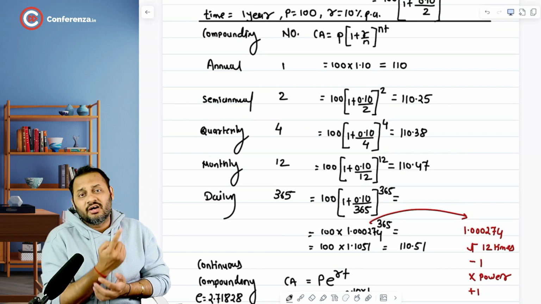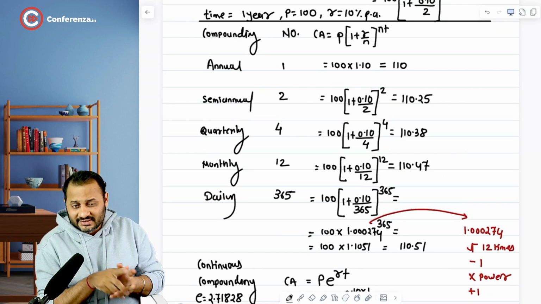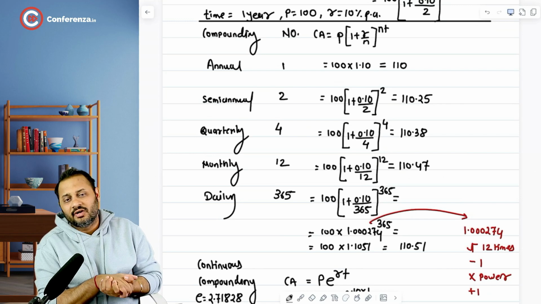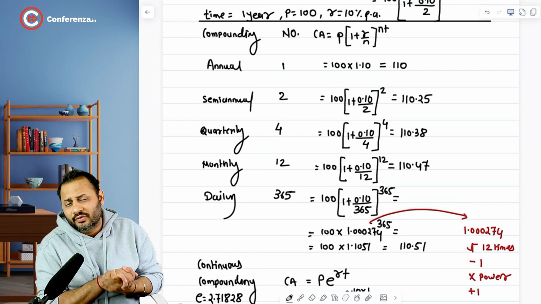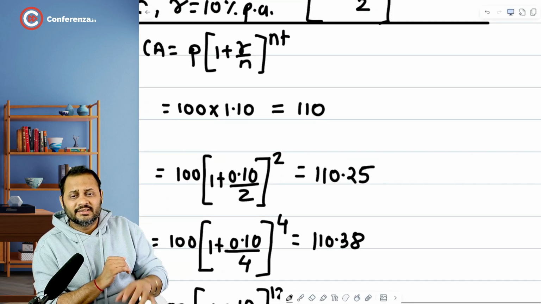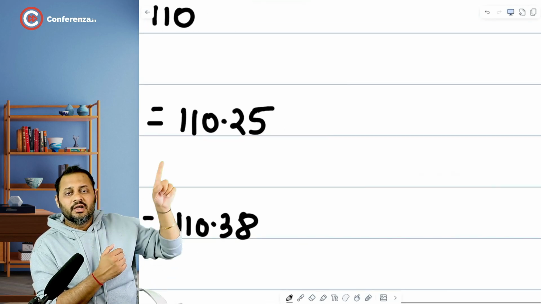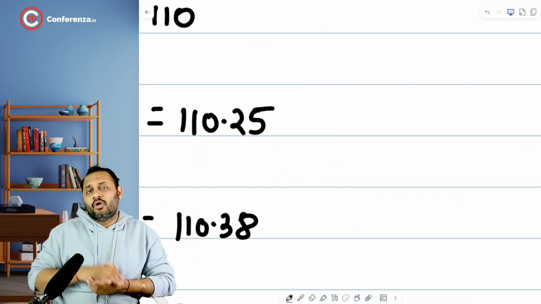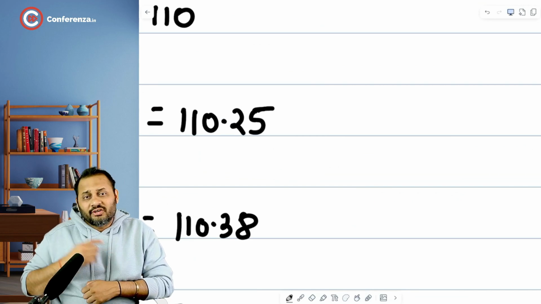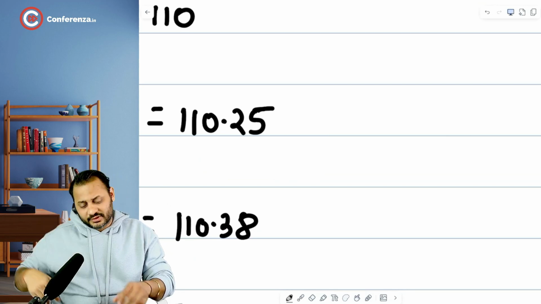That extra earning is called the effective rate of interest. How are you going to calculate it? It's very simple, sir. When the compounding was semi-annual, you actually earned 10.25% on your principal amount. It's not just 10% that you earned, it's 10.25%.